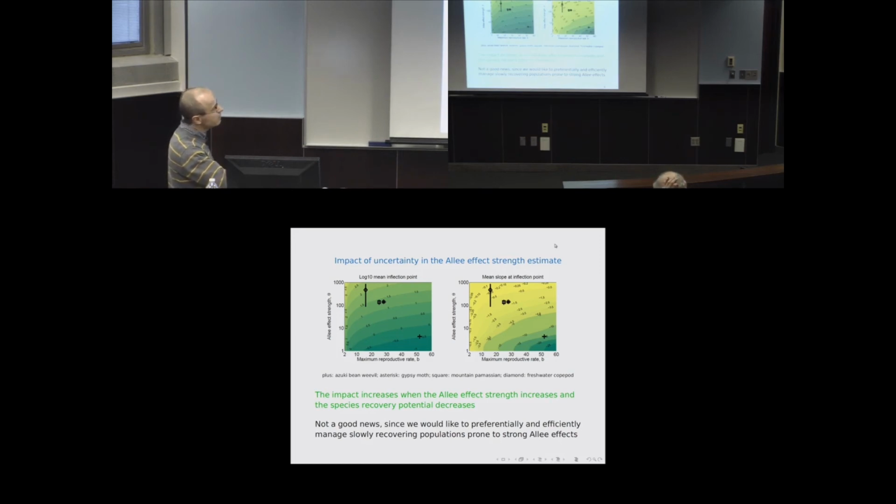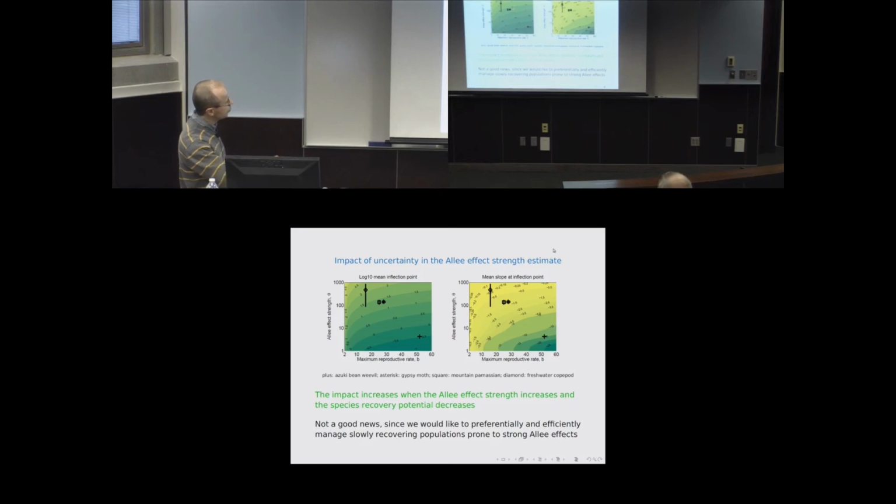And these are exactly the populations we would like to control most efficiently. But for these populations, we have the largest uncertainty in our estimate. So we are now in trouble, and we need to account for this in our strategies to control these populations. These are just four species.